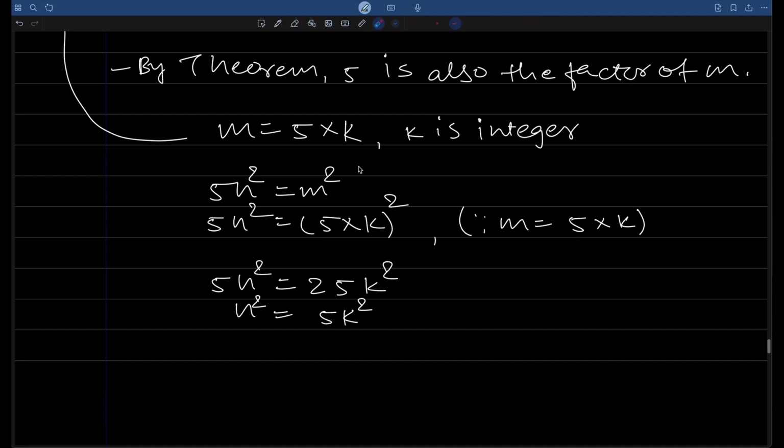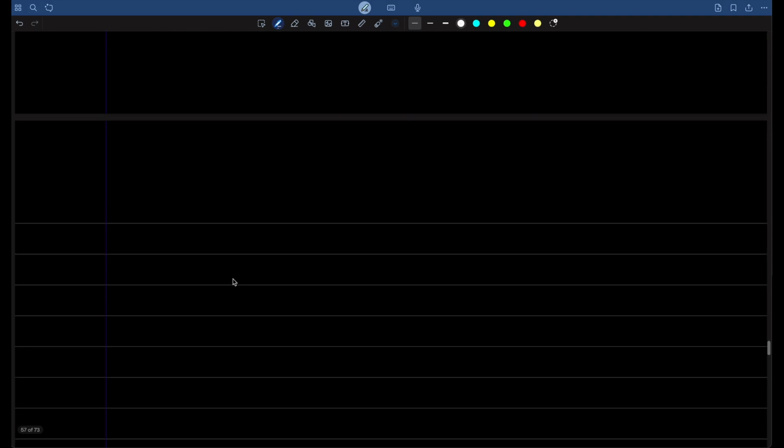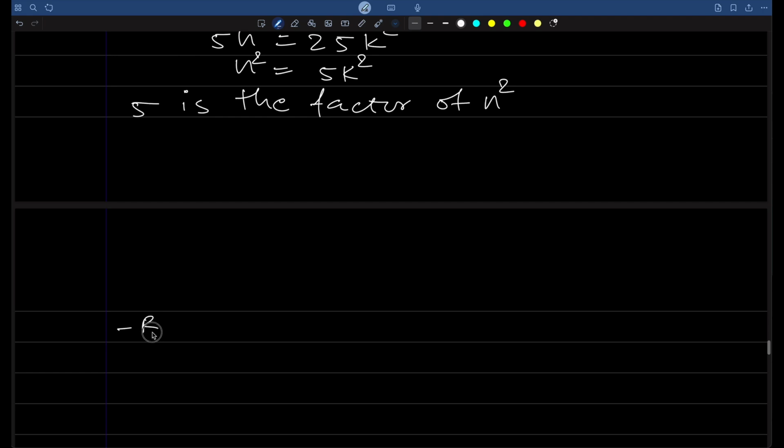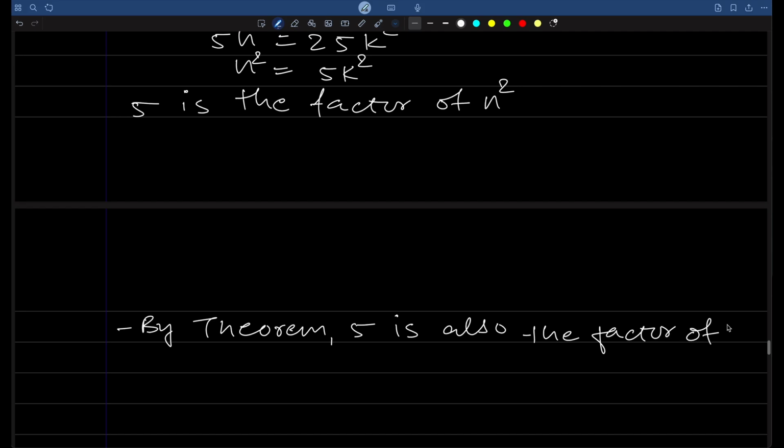If we see here, 5 also divides n square, that means 5 is a factor of n square, and by theorem we can write 5 is also a factor of n.